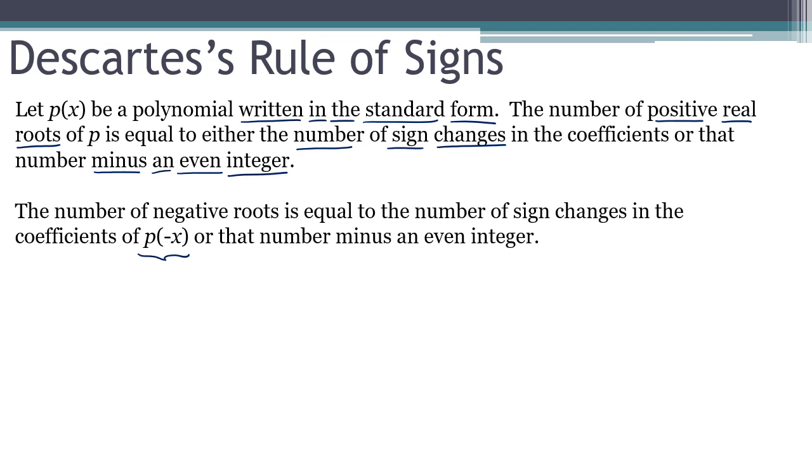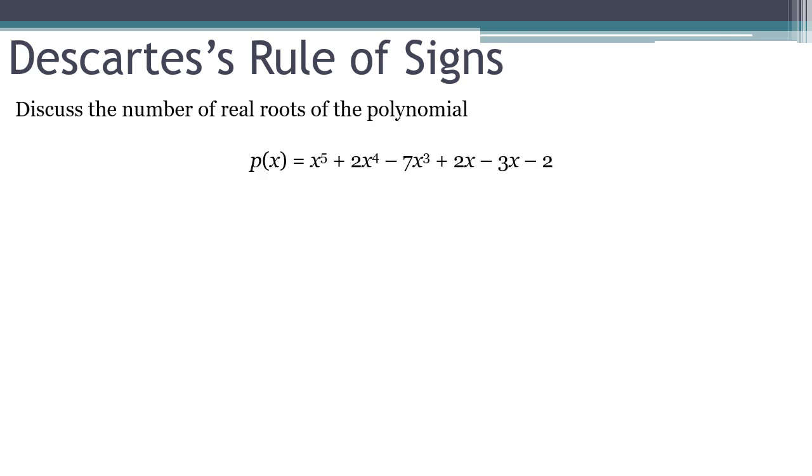Like I said, it's easier to look at examples. Look at this polynomial. I want to discuss the number of real roots, specifically how many positive versus negative ones there are. What Descartes' rule of signs says is we count the number of times the sign of the coefficients changes.